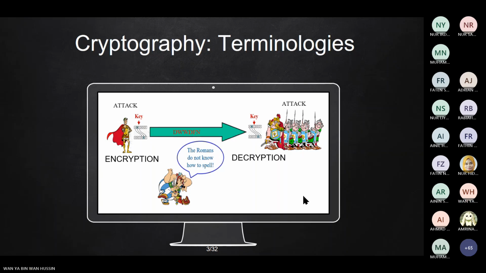The initial text we call plain text, and the new text we call ciphertext.